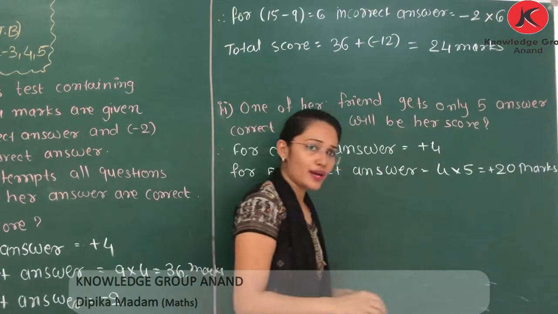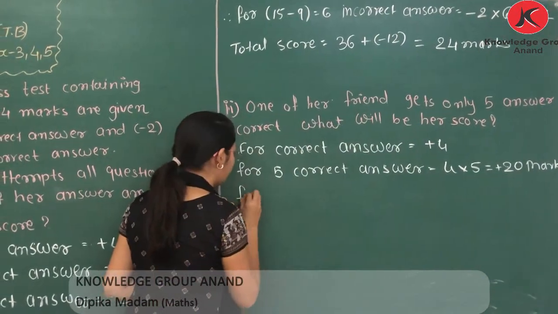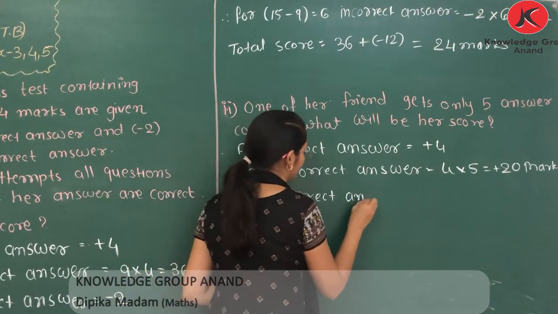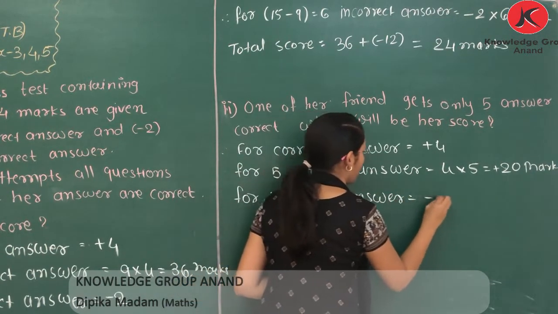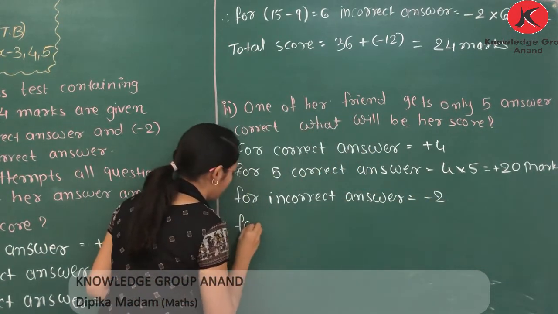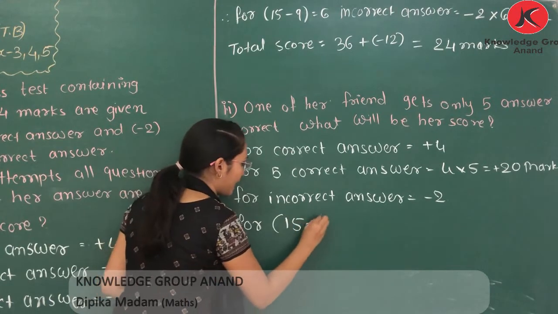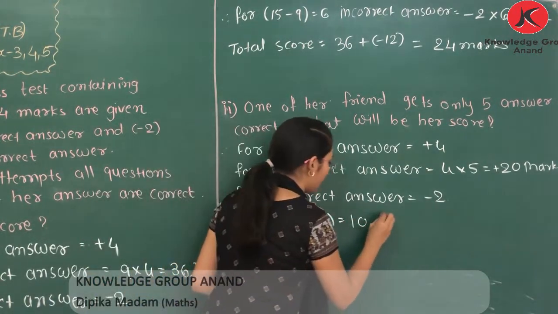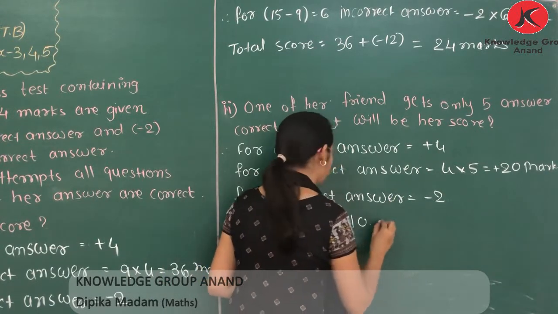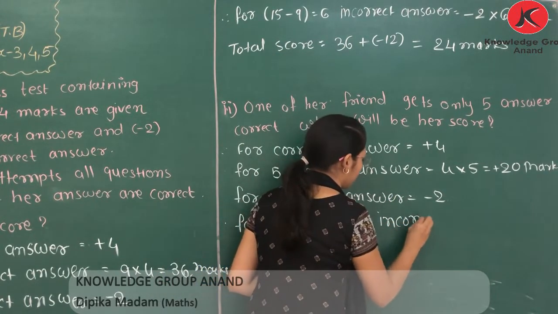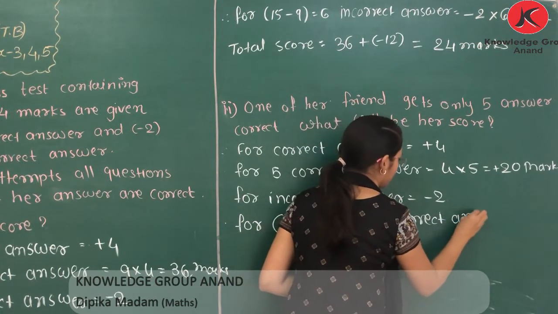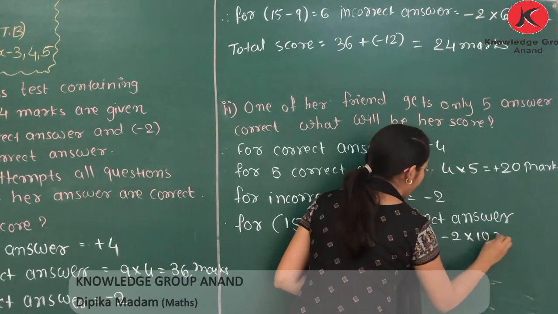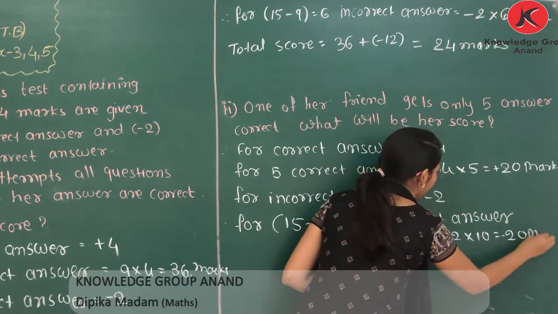If 5 answers are correct, then 10 answers are incorrect. -2 multiplied by 10, that is -20 marks.